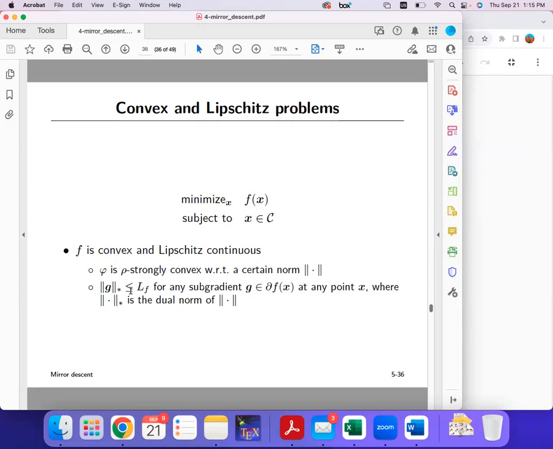So the dual norm is the geometry that we will use when calculating the Lipschitz constants. If you choose different phi's associated with different norms, then we are looking at different dual norms. So this will make a huge difference in the underlying geometry.